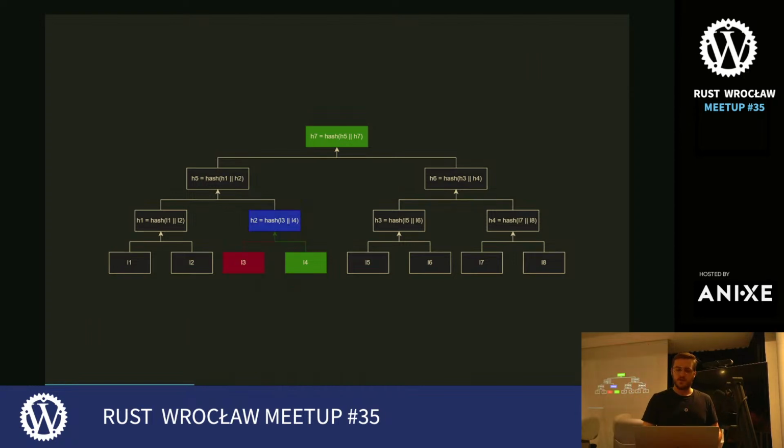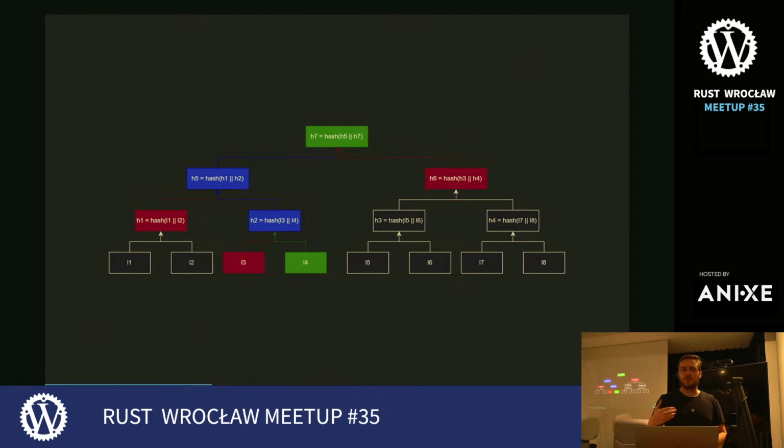So first, we calculate the hash H2, of which L4 is a part. For that, we need to provide the sibling L3. Then to hash H5, we don't need L1 and L2, we only need to provide H1. And then finally, to calculate H7, we only need to provide H6. So we skip L5, L6, all the way to the end of the tree.